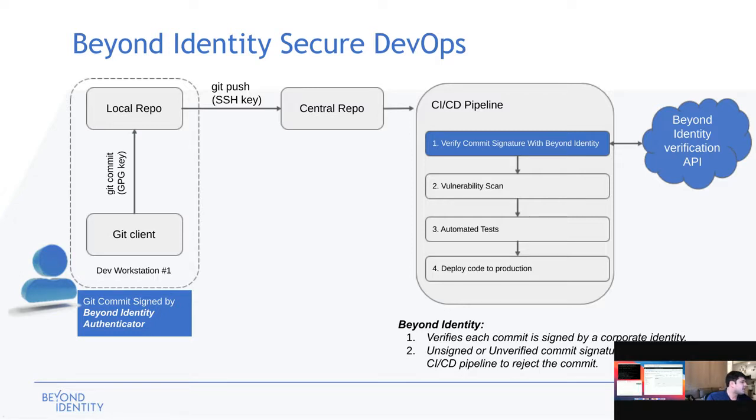I'm going to create a key for it. And this key is for GitHub. So now I've created a key, and this key is cryptographically tied to my corporate credential, and the private key is stored in the secure enclave. It can never leave the device.